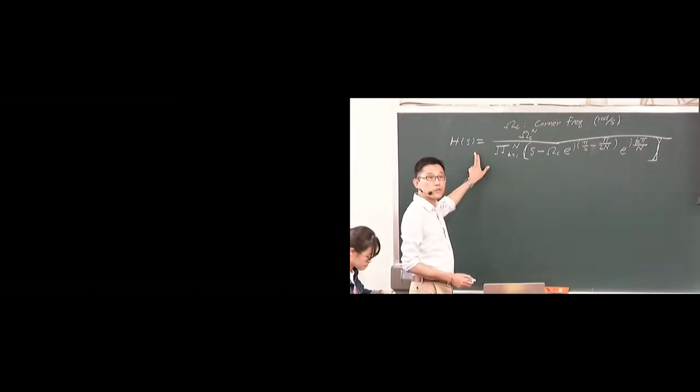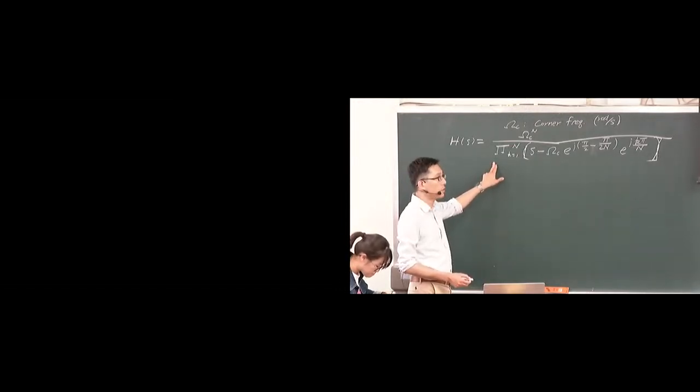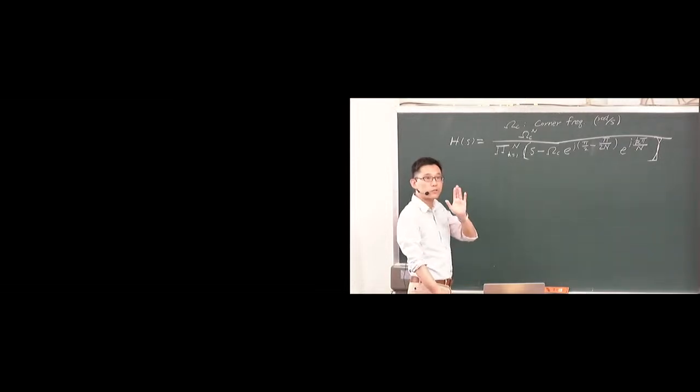So let's begin with this transfer function. Let's go back to the blackboard. I'm going to continue by giving you an interesting fact. If you look at this transfer function, it's an nth order polynomial down right here.